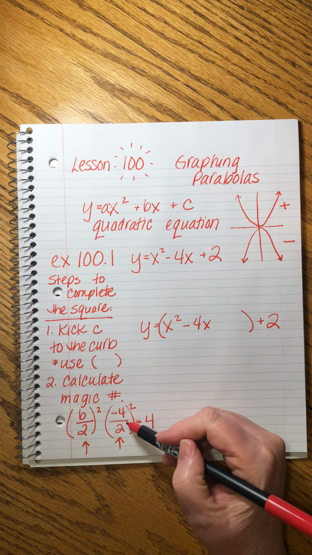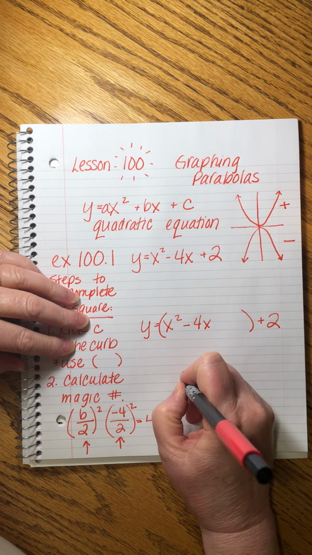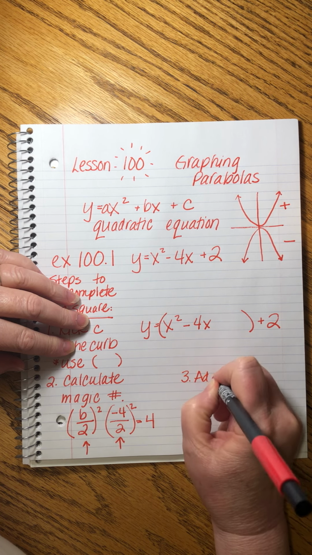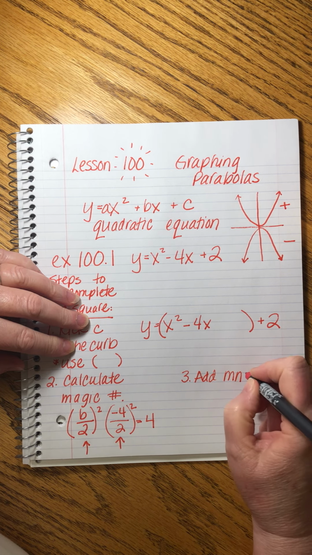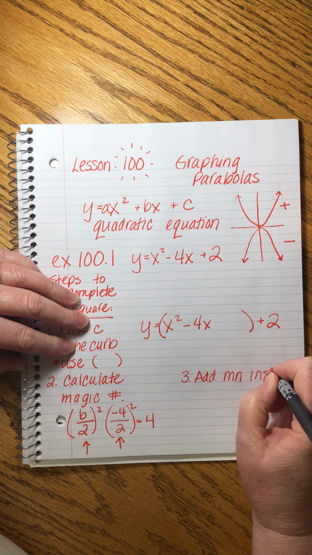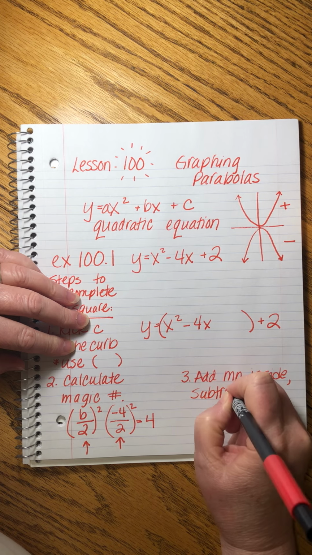Now what we want to do, I'm going to make my third step go over here. Add the magic number. This doesn't make sense until I show you.